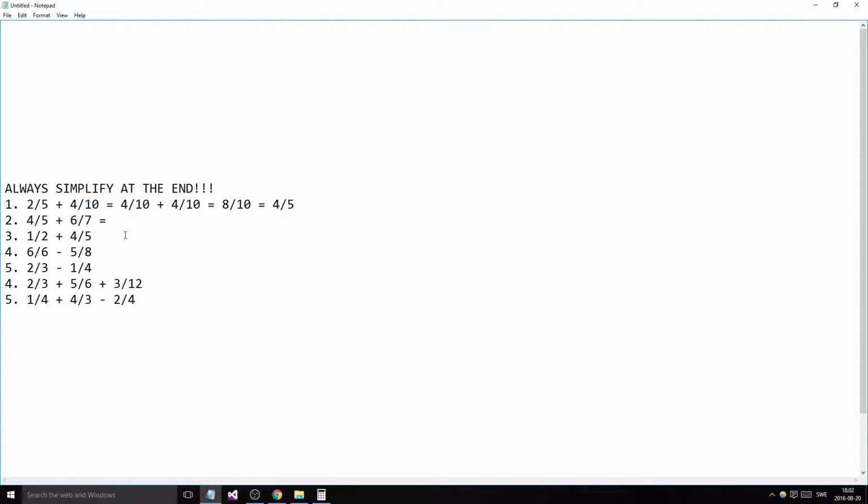That's the answer. Then we have 4 divided by 5 plus 6 divided by 7. So how do we go about doing this? Now, I already know this is 35. But I have to multiply it with 7 to get 35, right? That seems to be the least number I can get up to.